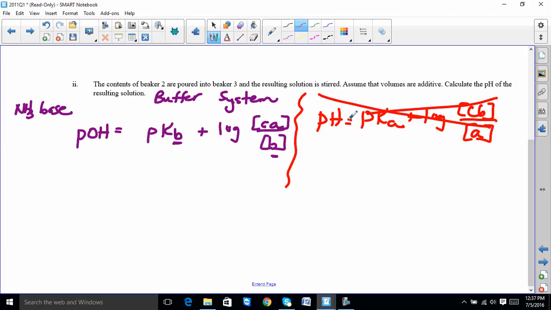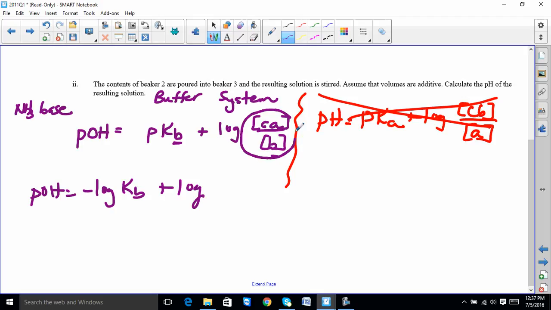But we're doing NH3 as a base. So the pOH, and remember, P just means take the negative log of the Kb value plus, and now this is the interesting thing. I don't really even have to stop and calculate this because I'm going to go back to the beginning. These are the same, because here's why.